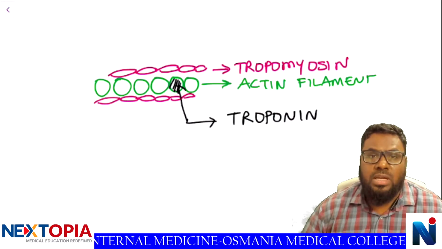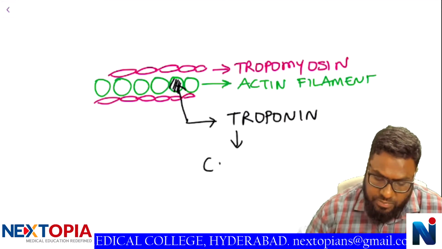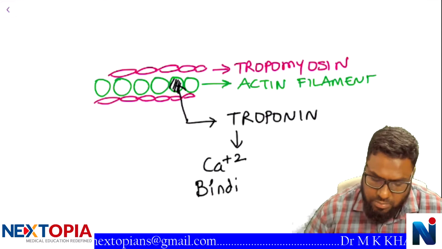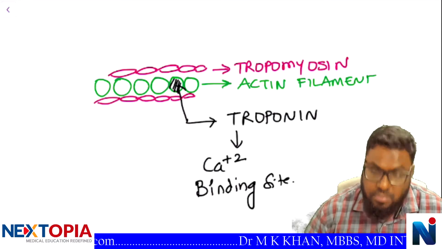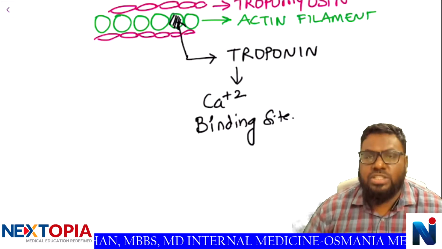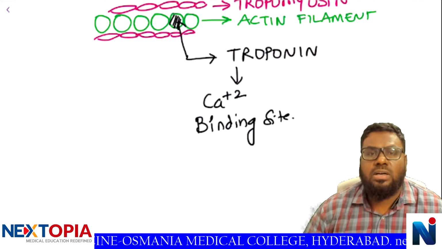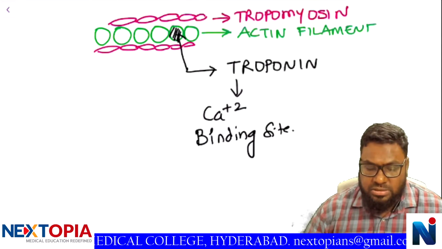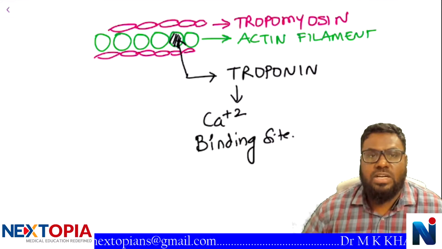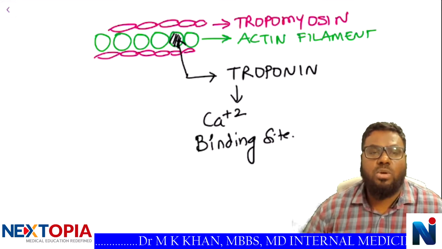All right. Each of these troponins has a calcium binding site. So whenever calcium comes and attaches to the troponin, it begins the excitation contraction coupling. So we have actin filament, tropomyosin, troponin.